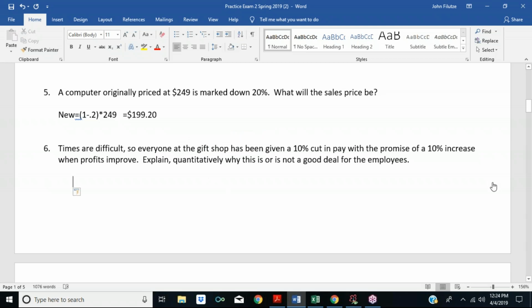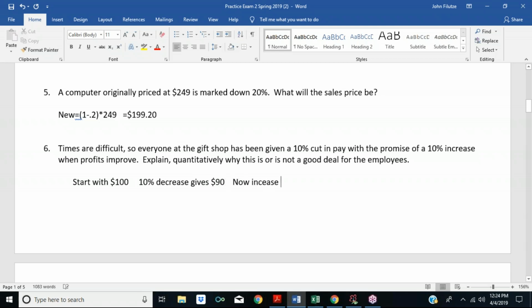So you want to provide some numerical evidence. Since you don't know this already, you can just make it up. Let's say start with $100. So if they get a 10% decrease, they're going to get $90.